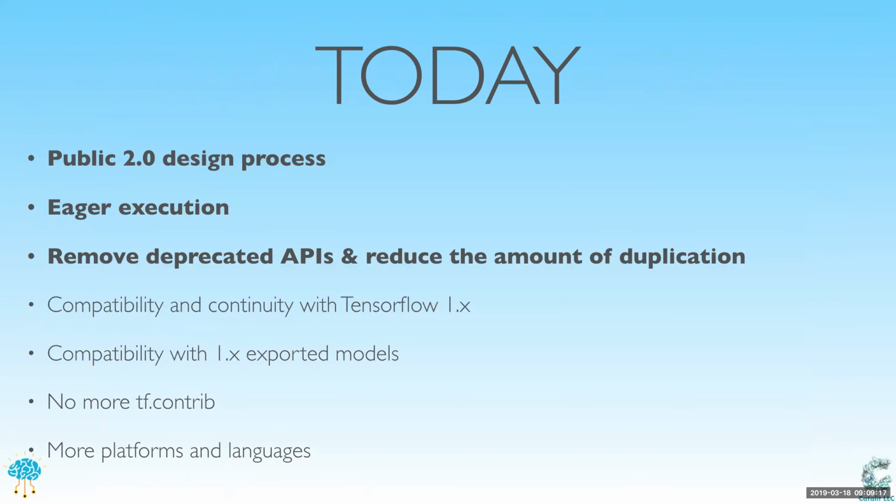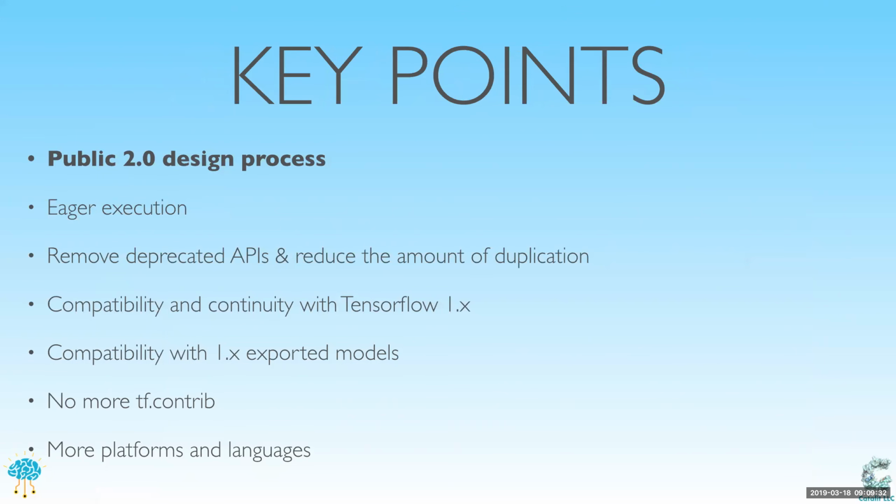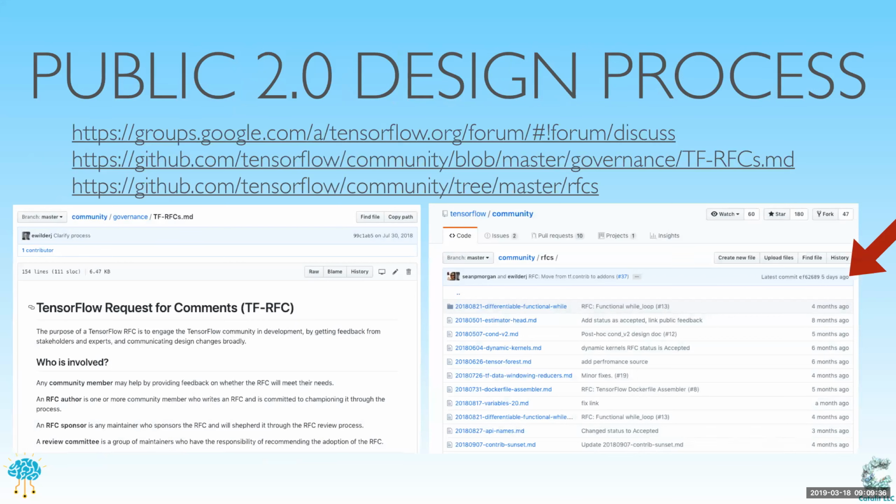Let's take a look at a couple of points in more detail. In particular, I want to look at these three: the public design process, the eager execution, and the deprecated APIs and the reduction of duplication. Let's start from the public design process. Here are the three links to the resources that you can use to follow this public design process.